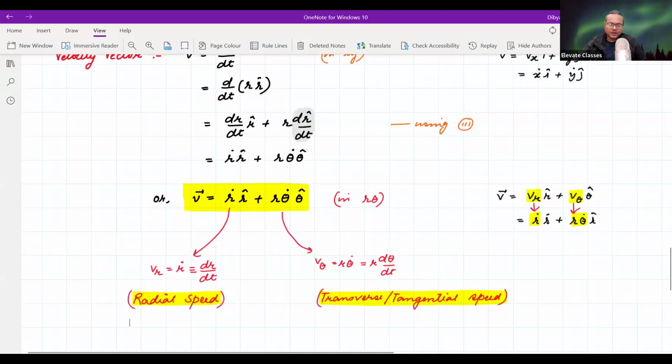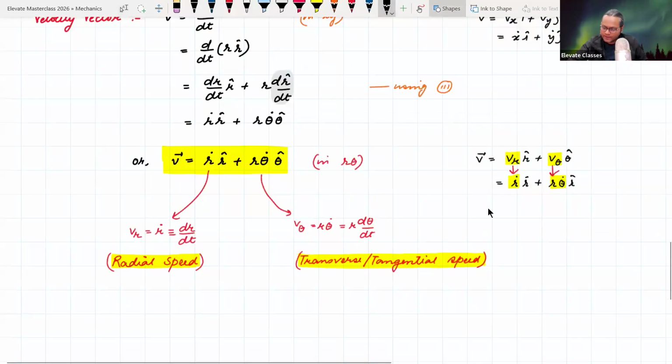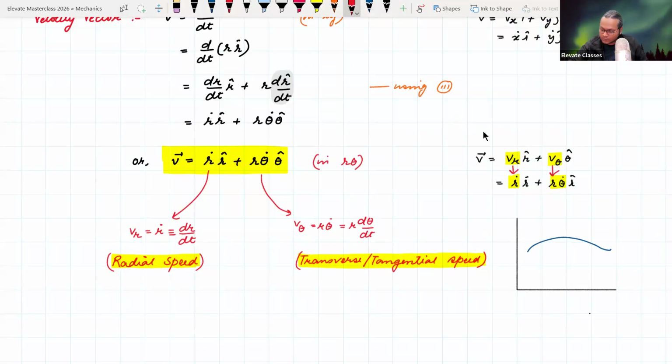So for example, if you look at a particle's motion, let's suppose it is making some sort of motion. If I look at the particle's motion at any given point, you know that, physically speaking, the speed component along the x-axis is called vx, and the speed component along the y-axis is called vy.